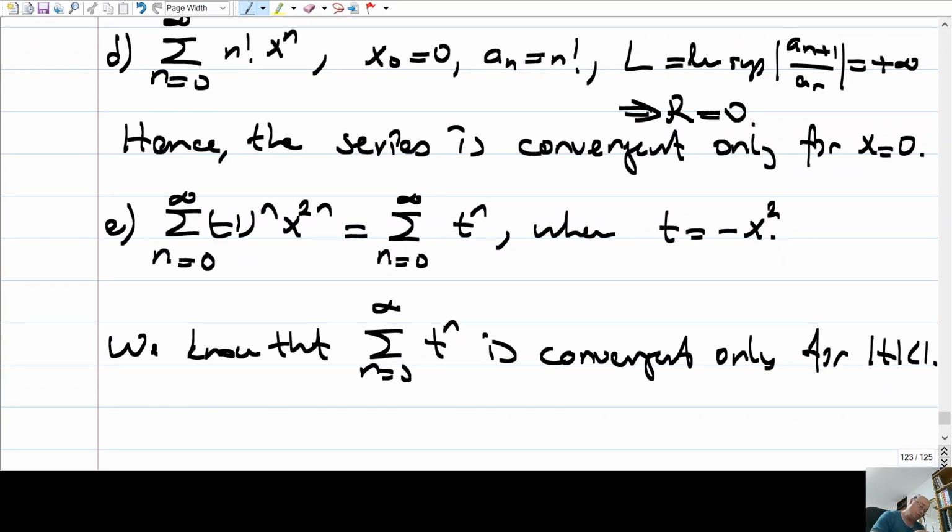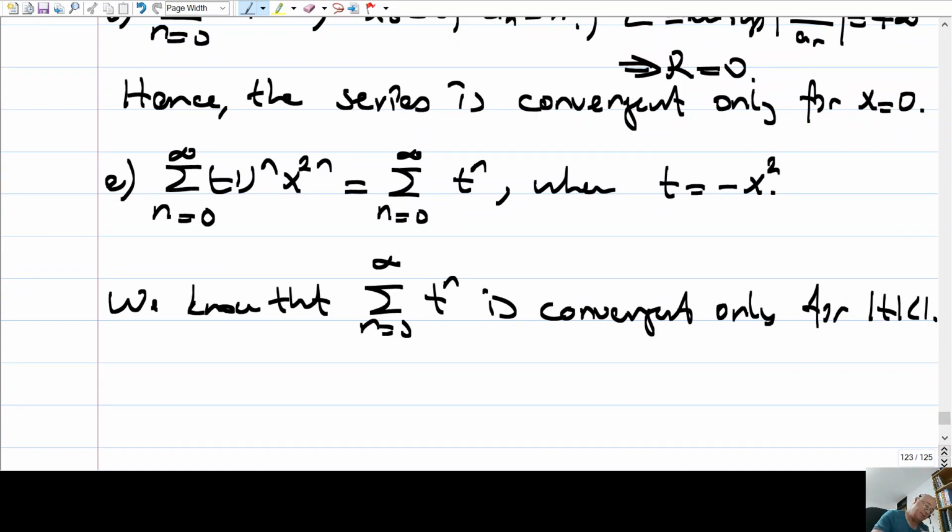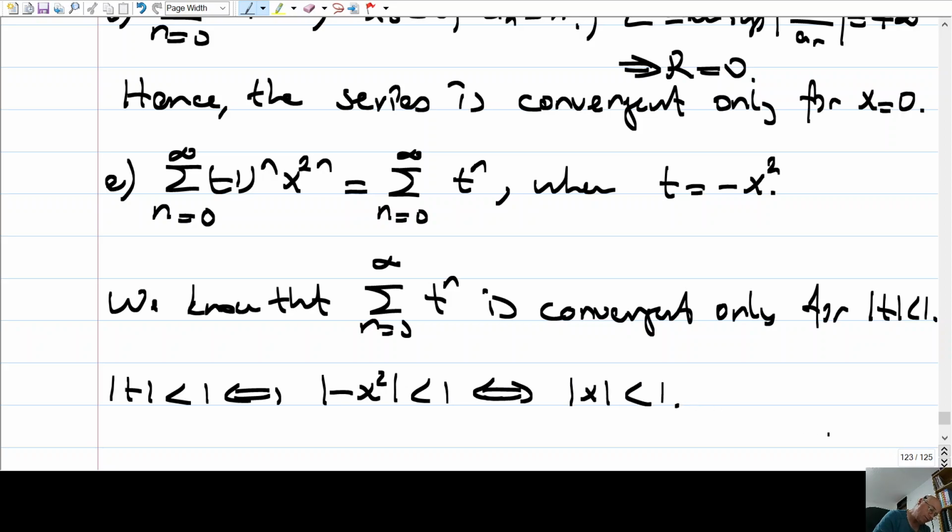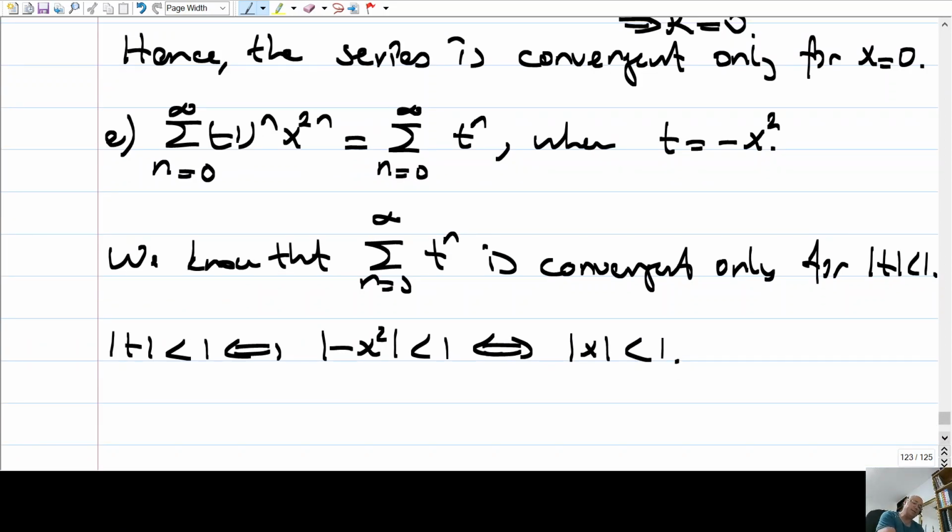Therefore, t is less than 1, of course, if and only if minus x squared is less than 1. And this is if and only if x is less than 1. Therefore, again, this is convergent. Radius of convergence is still 1.